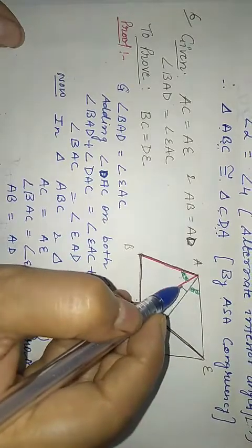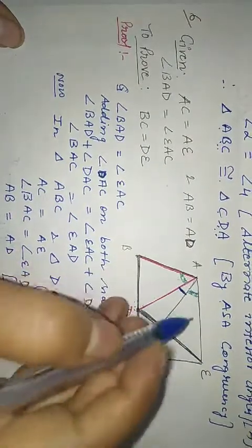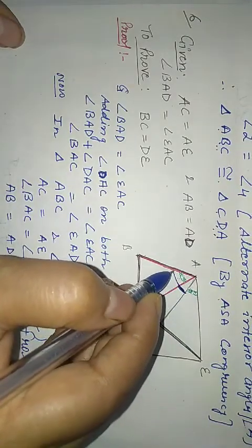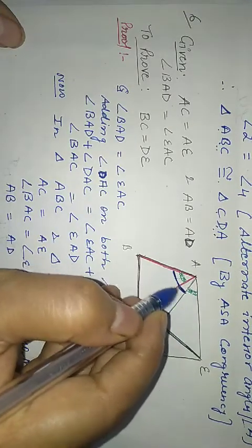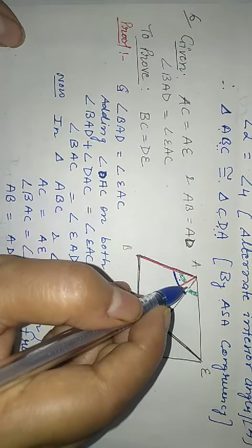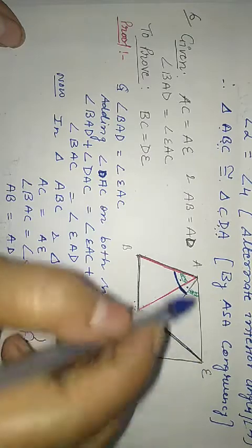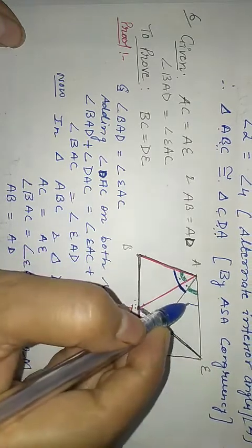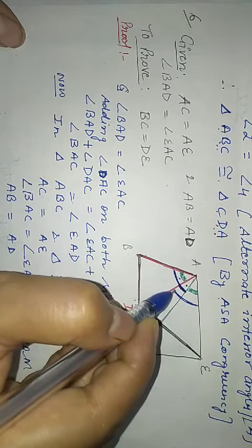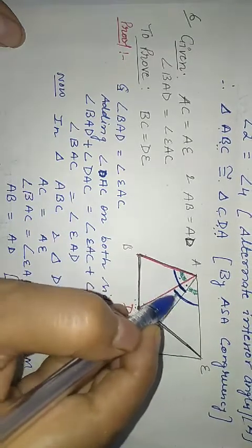This part is extra. If we choose triangle ABC, then this complete angle will be there. It means in that green part, we have to add this small part. And if we take triangle EAD, we require this angle. It means in the green part, again we have to add this part. This part is common for both.